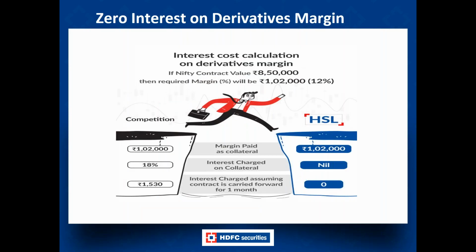And also one more interesting fact which I would like to share with you: there is a 0% interest on derivative margin. I've already explained this in one of the option trading strategies we have been discussing. So what is this zero interest on derivative margin? Suppose you have shares in your portfolio, and you pledge those shares.